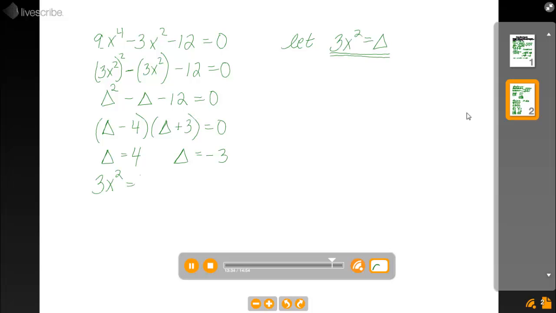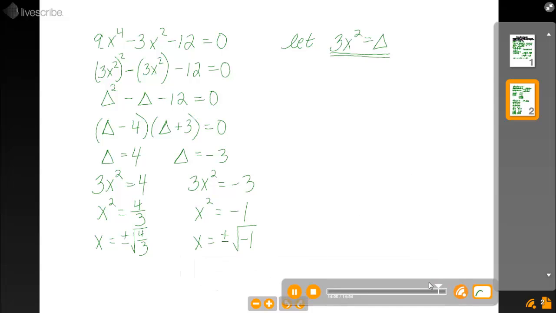Either 3x squared equals 4, or 3x squared equals negative 3. That means x squared equals 4/3, or x squared equals negative 1. So x equals plus or minus root 4/3, or x equals plus or minus root negative 1.